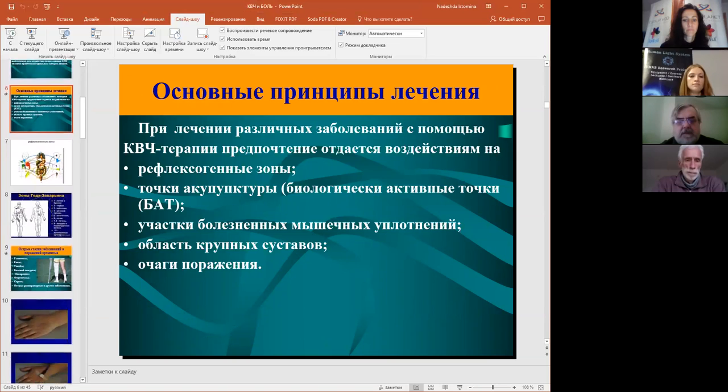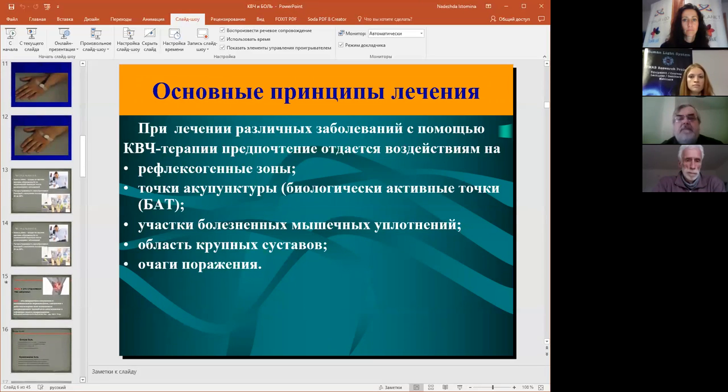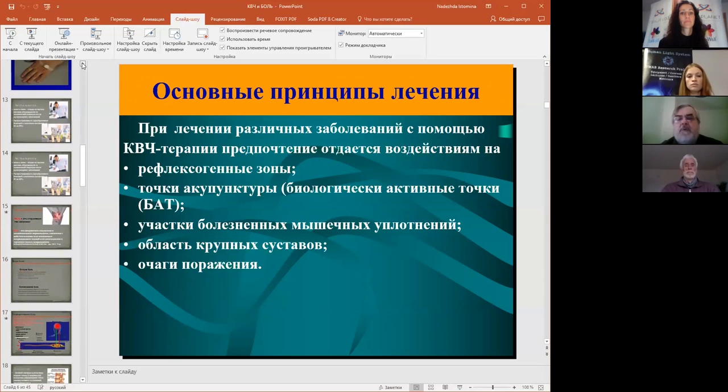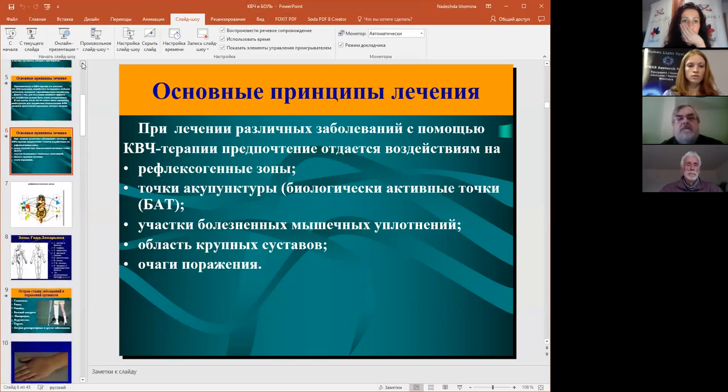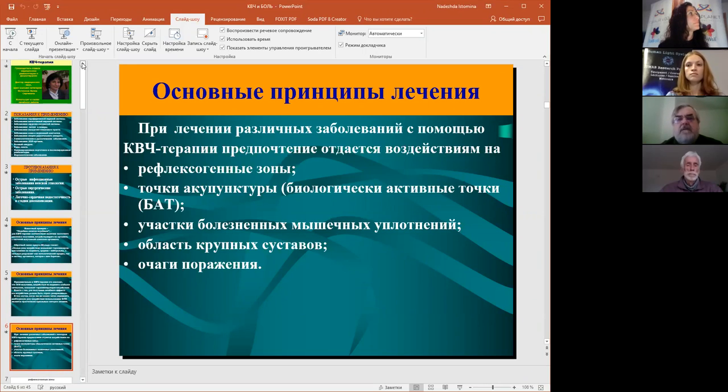If we speak about the respiratory system, I showed this picture earlier. We have 2 major points: point 1 on the front view and point 15 on the back side. And if we want a special response from the respiratory system, we use program 6.